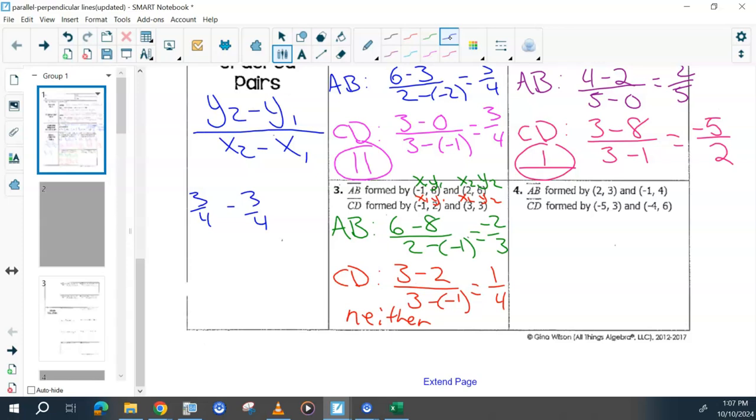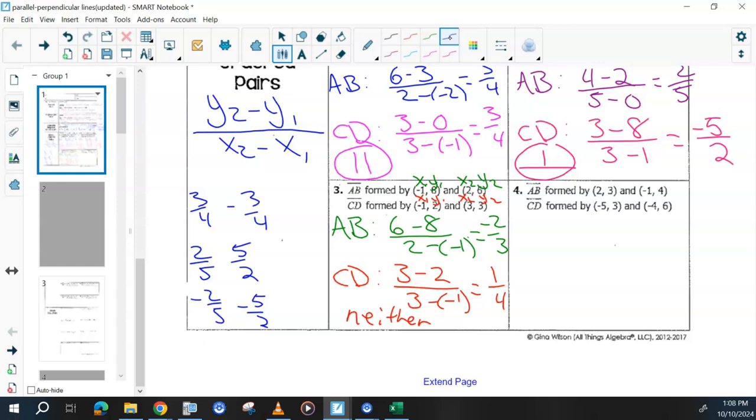Or they could be like your perpendicular, and maybe they're reciprocals, but they're not negative reciprocals. One isn't negative, so this would also be neither. Or if they were both negative, this would also be neither. So be on the lookout for all of those types of examples.